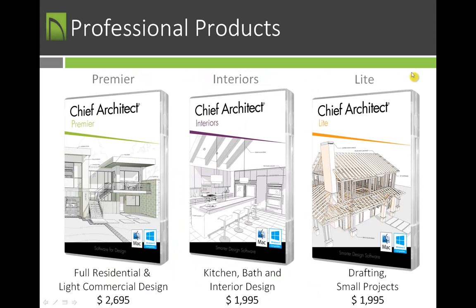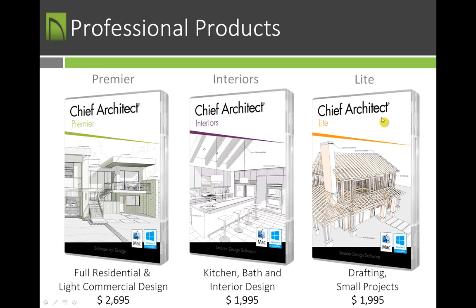So again, our three programs in our professional line of software are Premier, Interiors, and Light. Interiors is an interior design program, so it's great for kitchen and bath designers, interior designers. It has all that high-end 3D rendering, but doesn't have really much of structure.